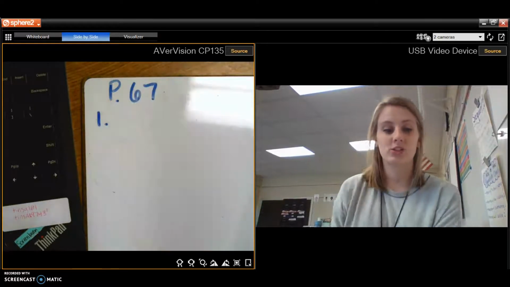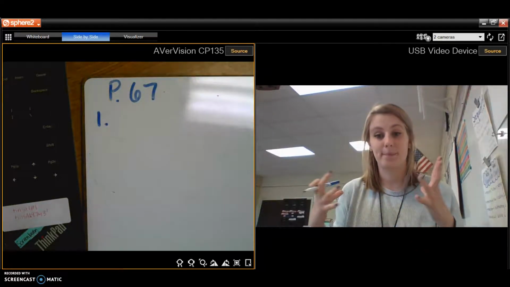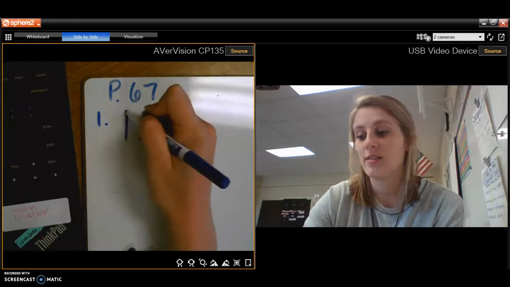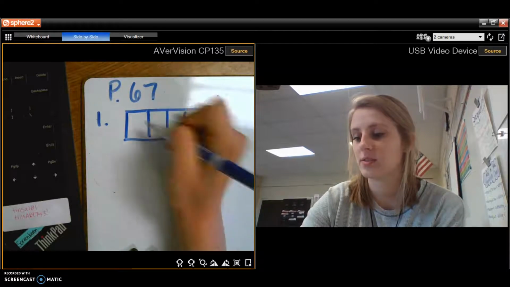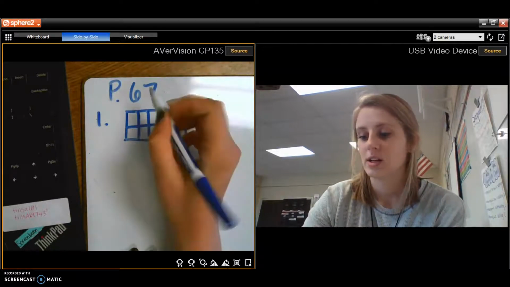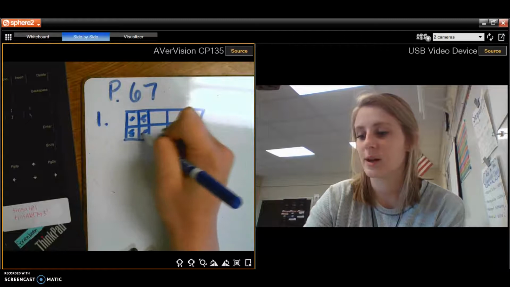Number 1 has two 10-frame blocks. One of our 10-frame blocks looks like this.